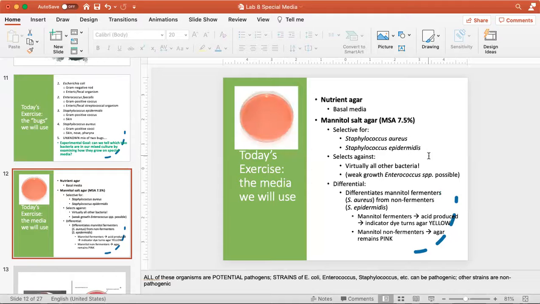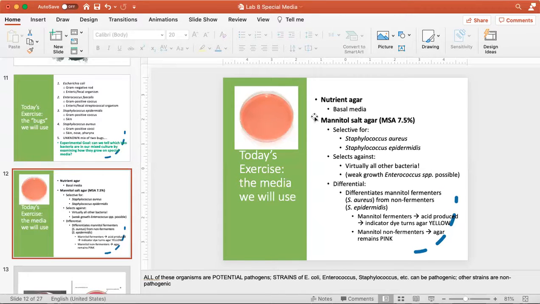Now, we haven't yet talked about how MSA is differential. The reason that it's a differential media is because it contains something called mannitol. It's in the name. It contains mannitol and it contains sodium chloride as the salt. We know what the salt does. The salt helps it select.